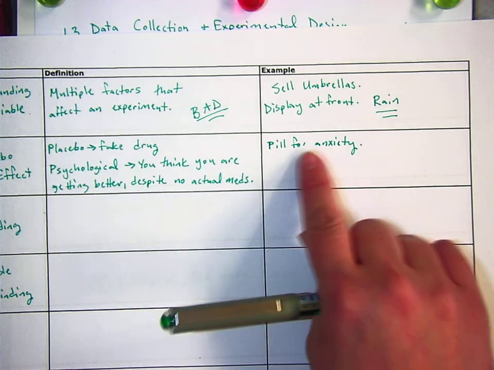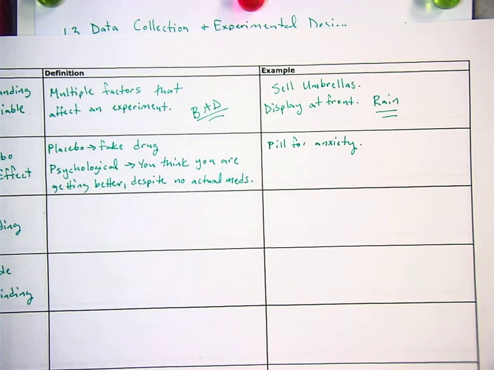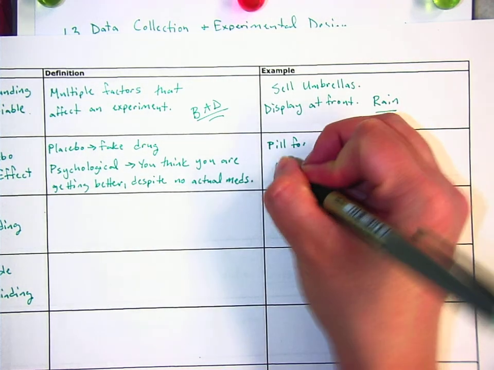And that can even happen for things that aren't like issues with the mind. Literally like physical pain, people think that they're better just because they're taking something, and it's actually nothing that they're taking. It's just that their brain has decided that if I take a pill, I'm going to feel better, and then they do. So this is really all mental.